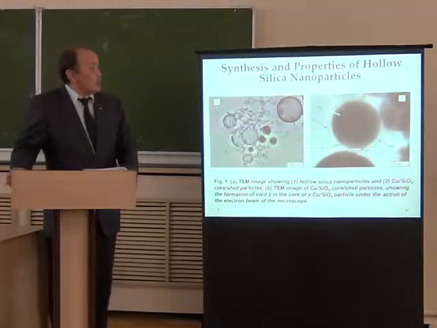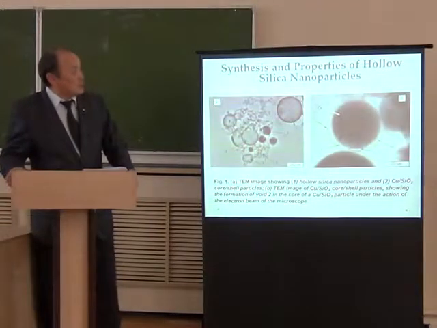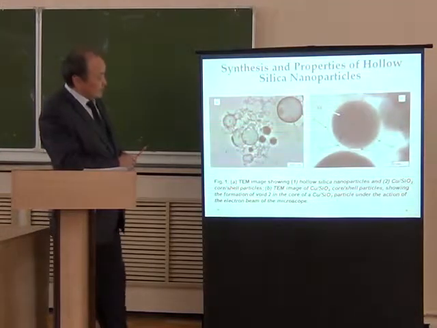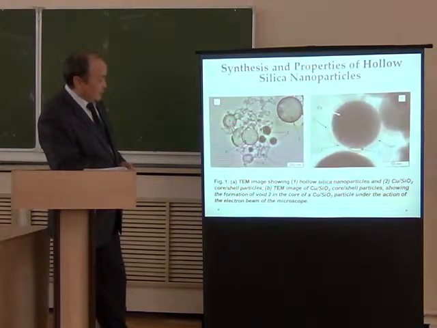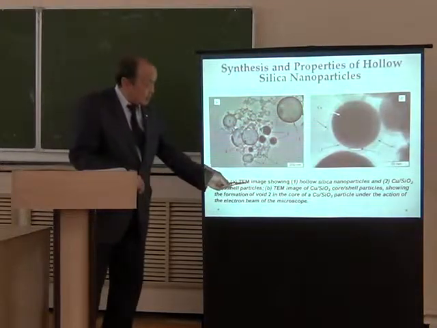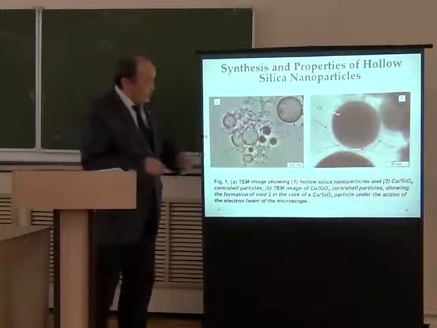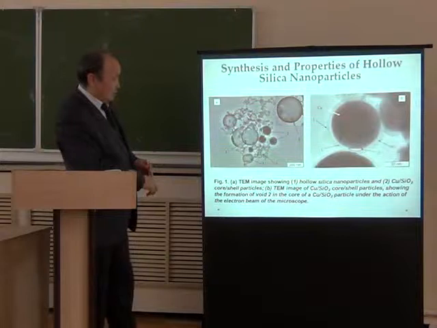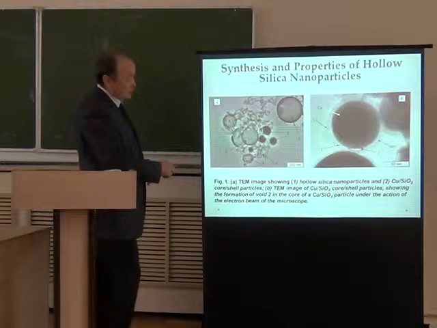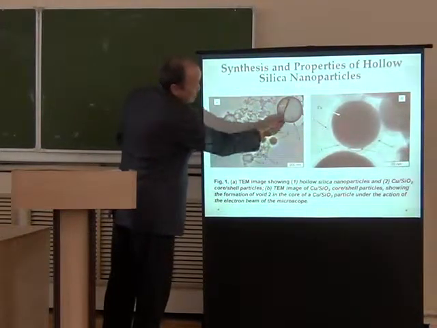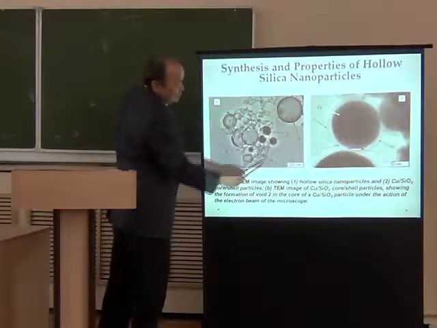Following slide. Synthesis and properties of hollow silicon nanoparticles. In this slide on the left, we see a transmission electron microscopy image of hollow silica nanoparticles and core shell nanoparticles. We see the silicon shell.